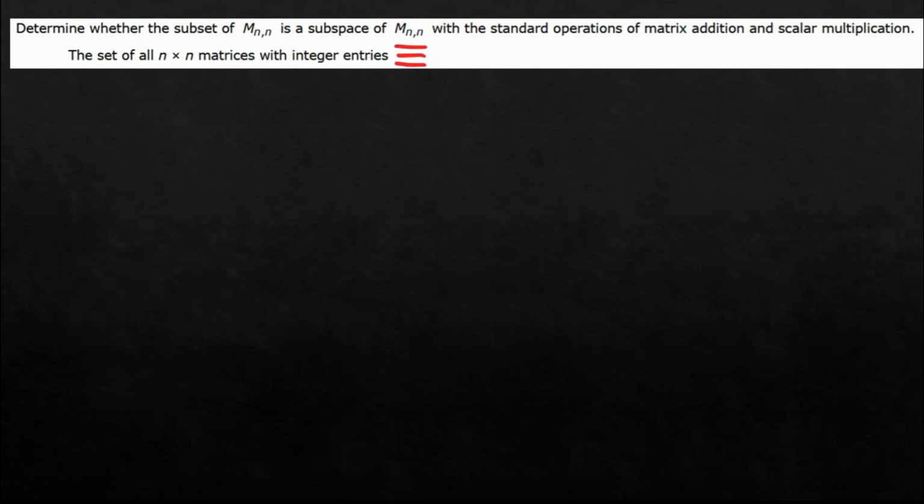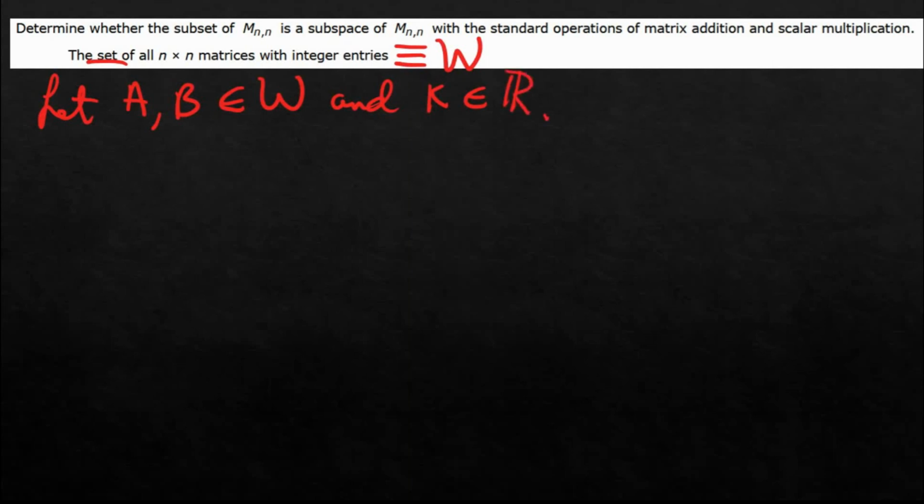So let's say that this set is W. So we say let A and B be in W, and K is a scalar. So if I add two n by n matrices with integer entries, their sum would also have integer entries.